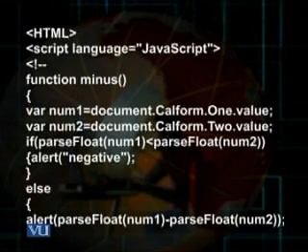You can see the keyword else, and after that within the curly bracket I have typed alert(parseFloat(num1) minus parseFloat(num2)). This shows that in case the condition in the if statement is not satisfied, then the value of num2 should be subtracted from the value of variable num1, and the result then should be shown in the alert box.